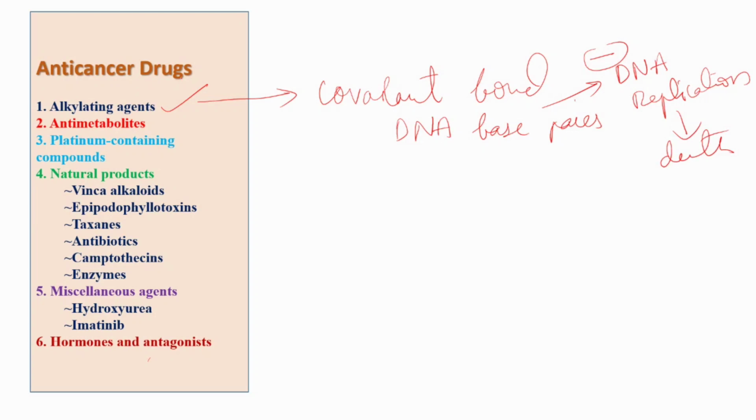So the first very important class is alkylating agents. They are older and effective drugs. I will explain these alkylating agents in the next slides.